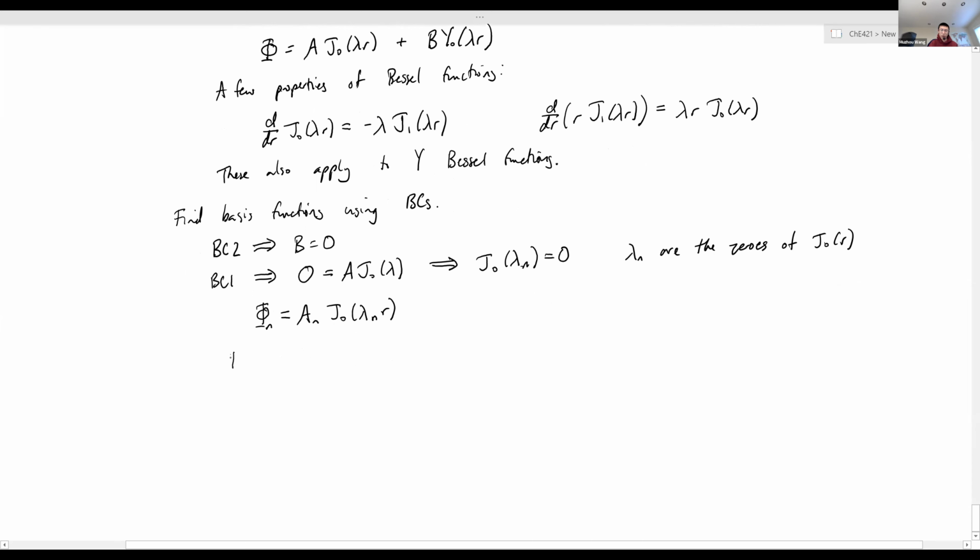So basically, we need to find a sub n such that these are orthonormal. Or in other words, we need to normalize.